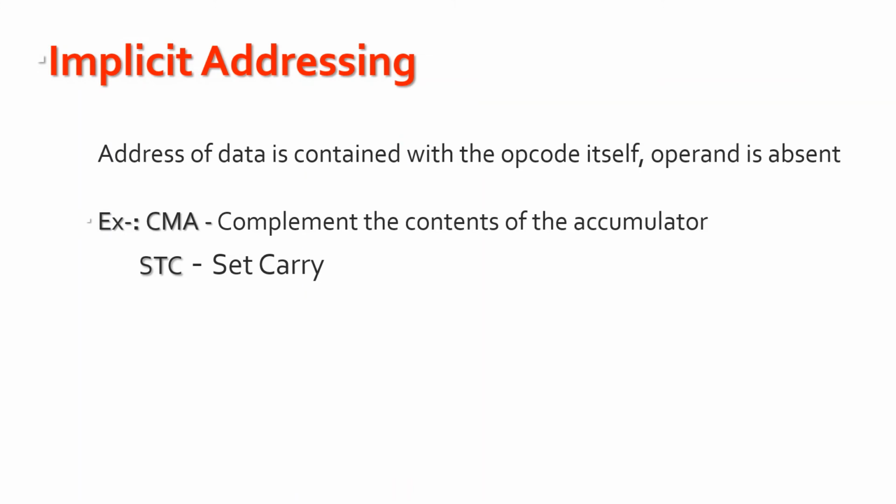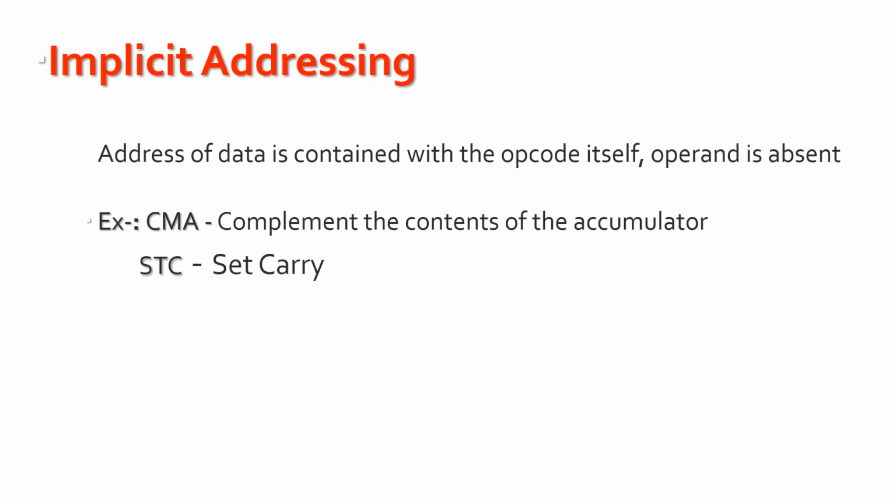The last addressing mode is implicit addressing mode. These are 1-byte instructions. The address of data is contained within the opcode itself and the operand is absent. So this is about implicit addressing. The examples of these are CMA, that means complement the contents of the accumulator.